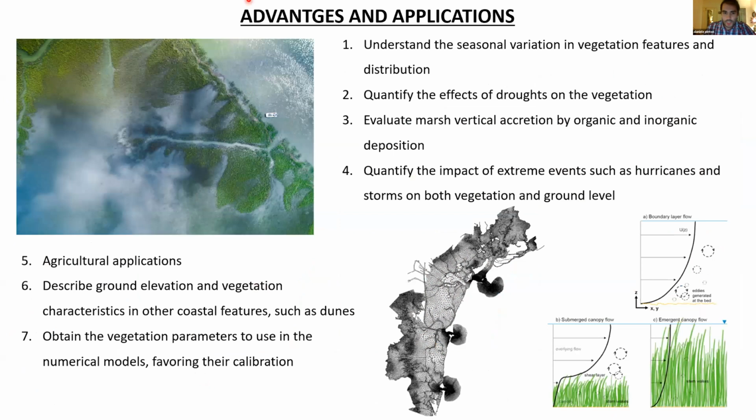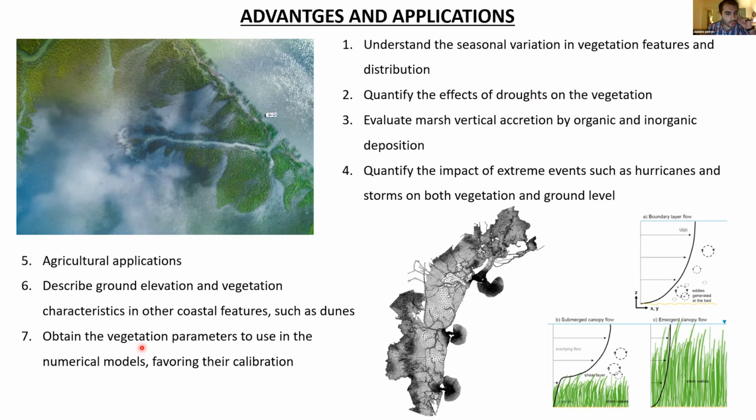Some advantages in application are related mainly to agricultural application and understanding the seasonal variation of the area in terms of the vegetation and in terms of the elevation of the area, and to verify the effect of the droughts on the vegetation. So to see if there are some patches removed by some droughts or by some hurricanes or this kind of hazards attacking basically the marsh.